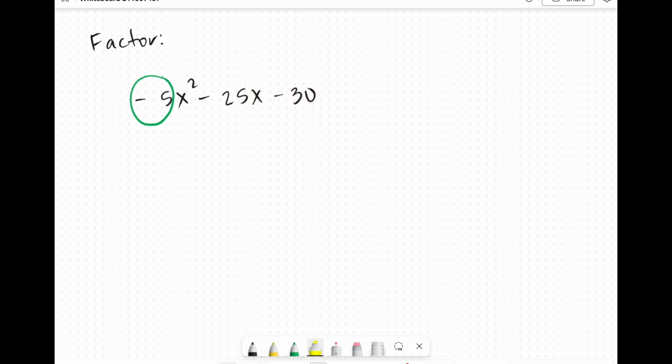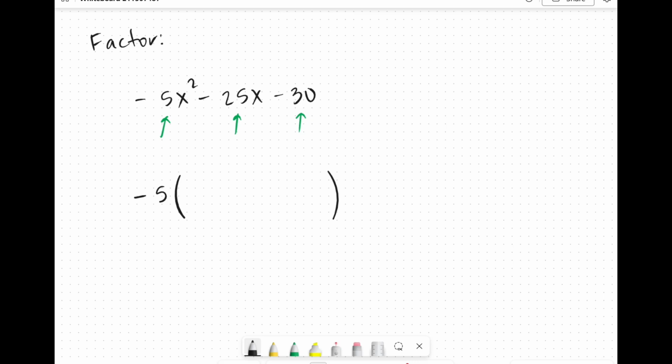But what you should be able to see is that each one of these numbers is divisible by 5, and that makes that 5 a GCF. Moreover, every one of these numbers is also negative. So what if, instead of dividing them all by 5, we divided them by negative 5? Make that our GCF.